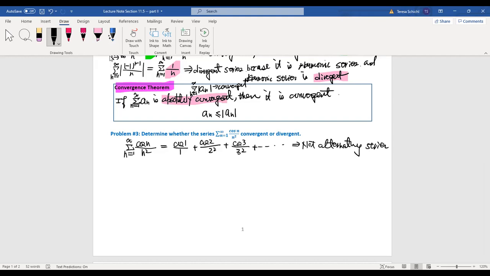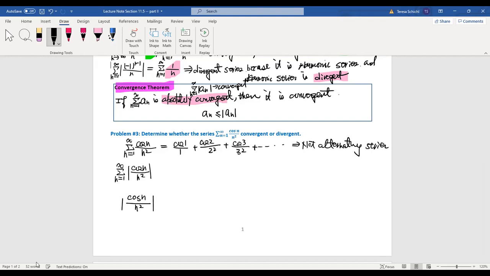So what happens if I put the absolute value of cosine n over n squared here?